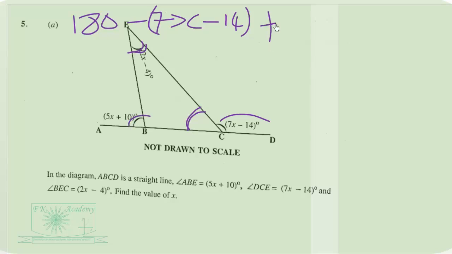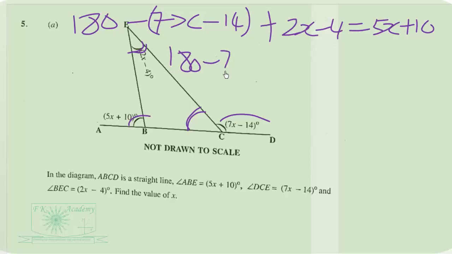So we add it to 2x minus 4, and that should give us 5x plus 10. So we have 180 minus 7x plus 14 plus 2x minus 4 is equal to 5x plus 10.